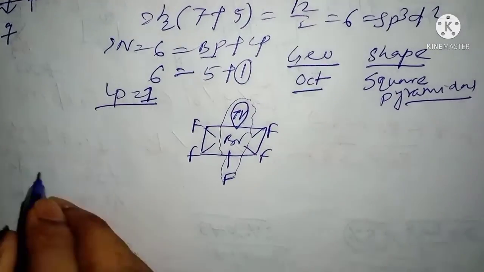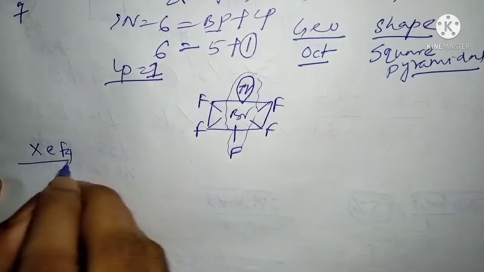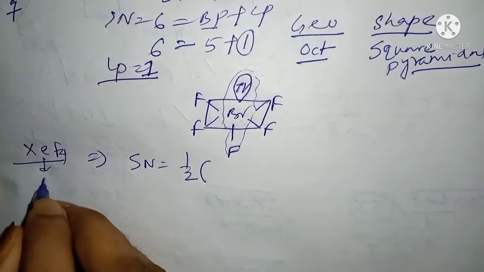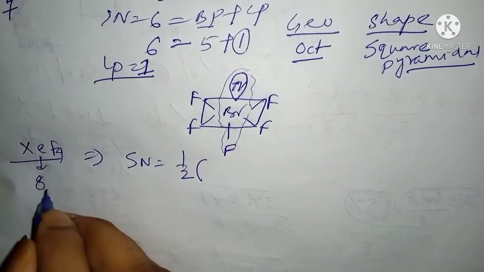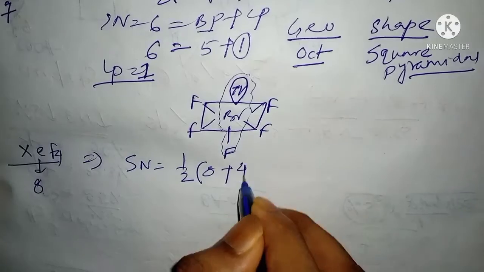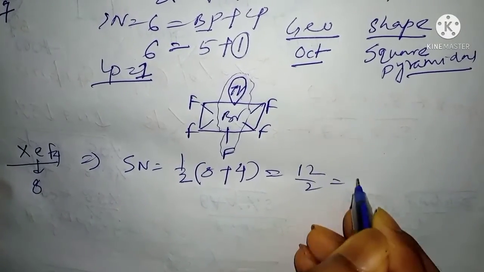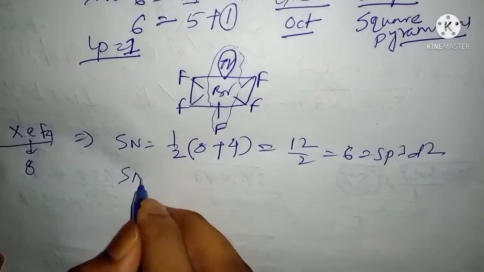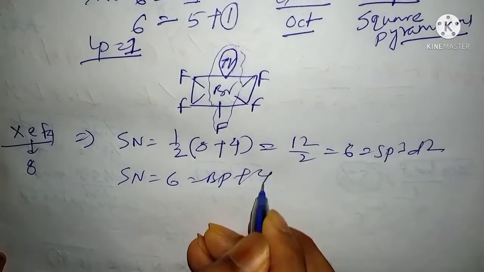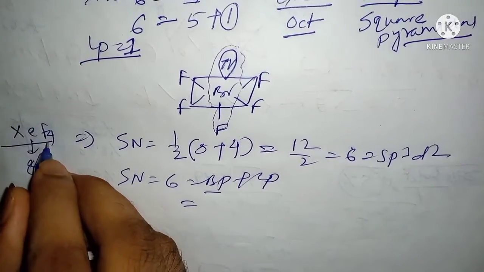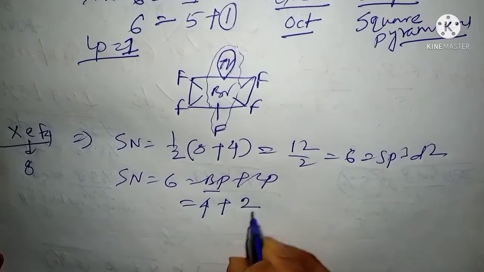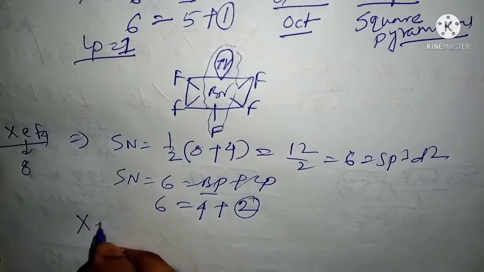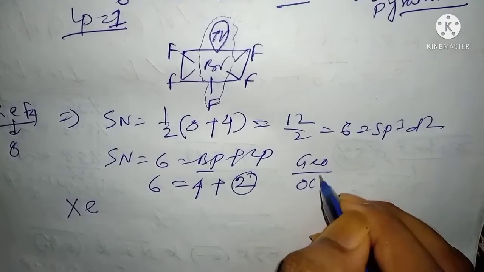Now another example, in case of XeF4. So steric number equal to half into, this is xenon, its valence electron is 8, so 8 plus number of monovalent atoms 4 equal to 12 by 2 equal to 6. So 6 means sp3d2 hybridization. Now steric number equal to 6 equal to bond pair plus lone pair. This is side atoms 4, so 4 bond pairs are there, and 2 lone pairs equal to 6. So 4 plus 2 equal to 6, lone pair equal to 2. Now the geometry is octahedral geometry.